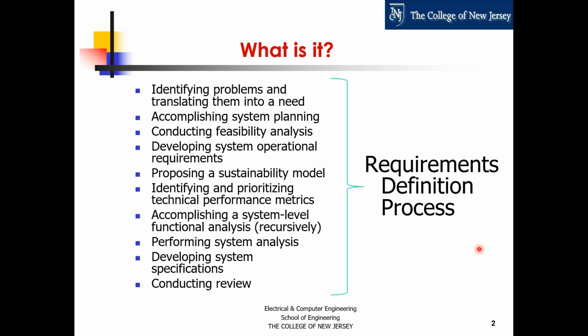Then we're going to get into the functional analysis of systems, which at this point is not an architectural analysis yet. So before we even get to an architecture, we need to understand what is the functional view and the functional flow of the system.